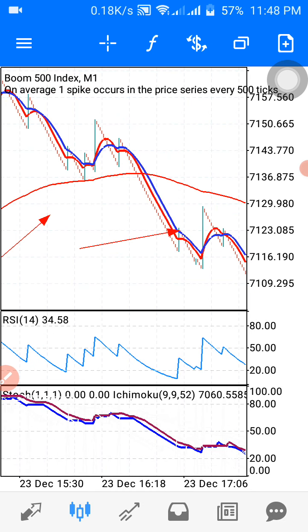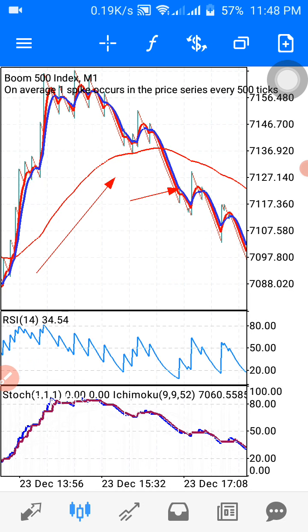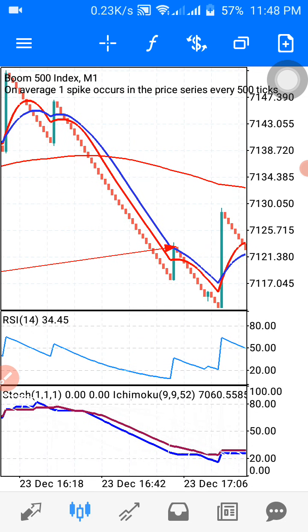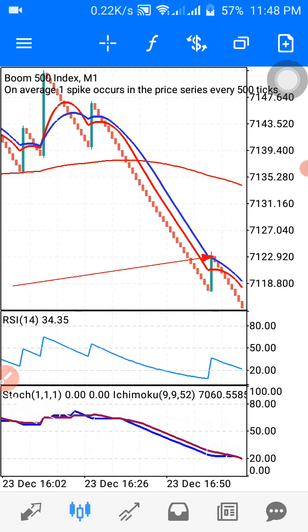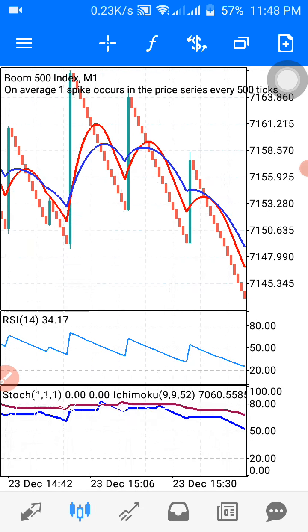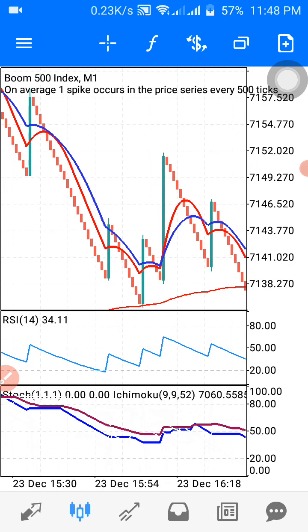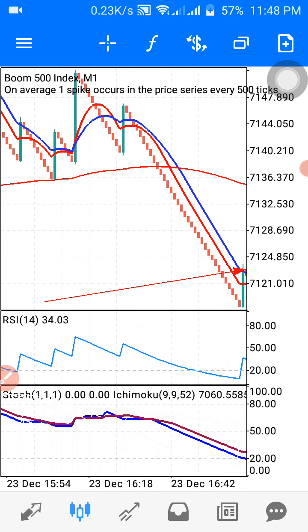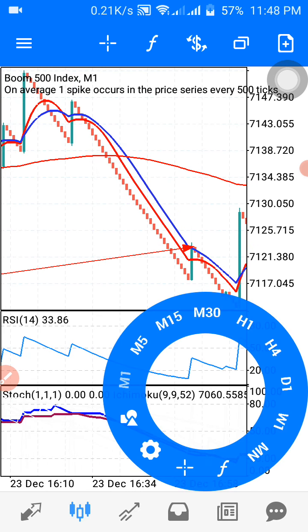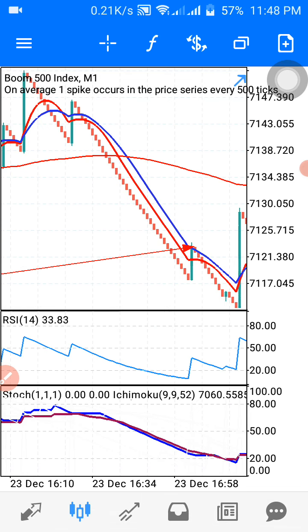So you have to look at the Ichimoku, RSI and also the moving average on the main chart. Okay, and now when you check the indicator at this point, you will notice that the line is at level 80 around here.